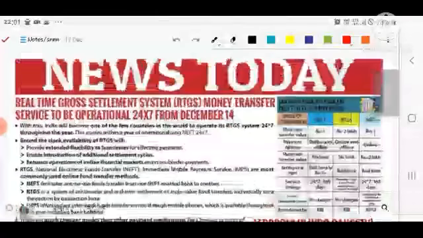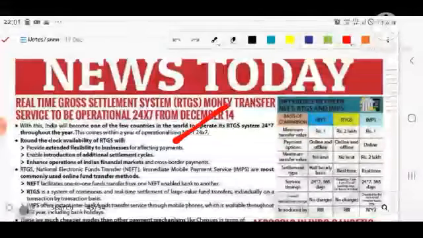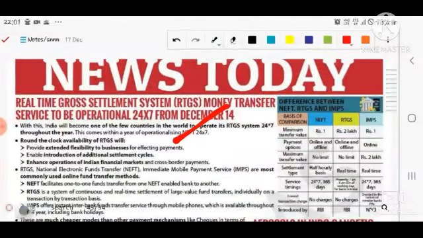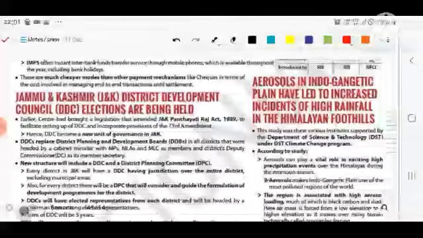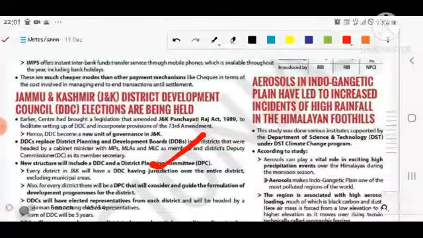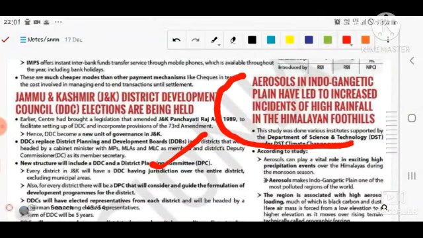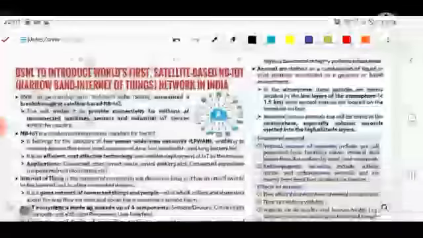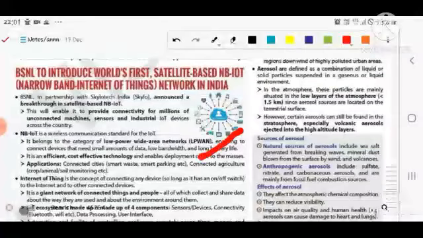Let's see the next one. Real-time gross settlement system, money transfer, RBI, that is a different story. Jammu Kashmir District Development Council elections are being held. Number three, aerosols in the Indo-Gangetic plain have led to increased incidents of high rainfall in the Himalayan foothills. So a study was conducted there. BSNL to produce the world's first satellite-based NB-IoT. What is NB-IoT? Narrow Band Internet of Things network in India.